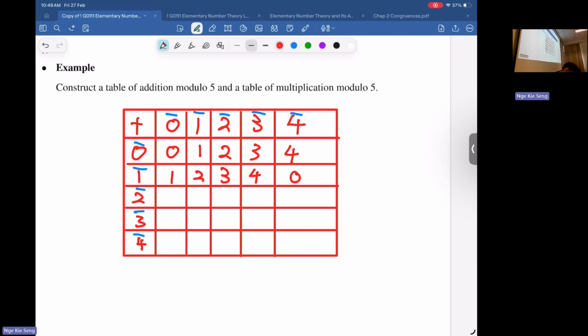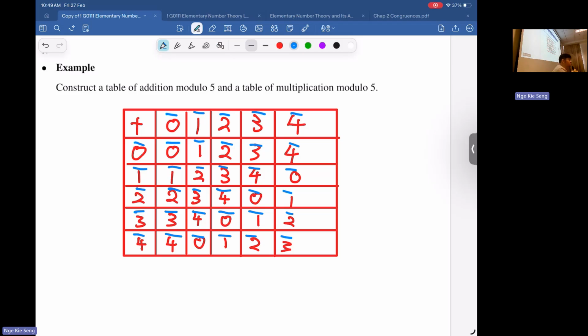How about the next one? You get 2, 3, 4, 0, 1 like that. And then 3, 4, 5, 6, 1, 2, and then 4, 0, 1, 2, 3. So it's a bit like a Sudoku. There's no repeating integer across a row or column.